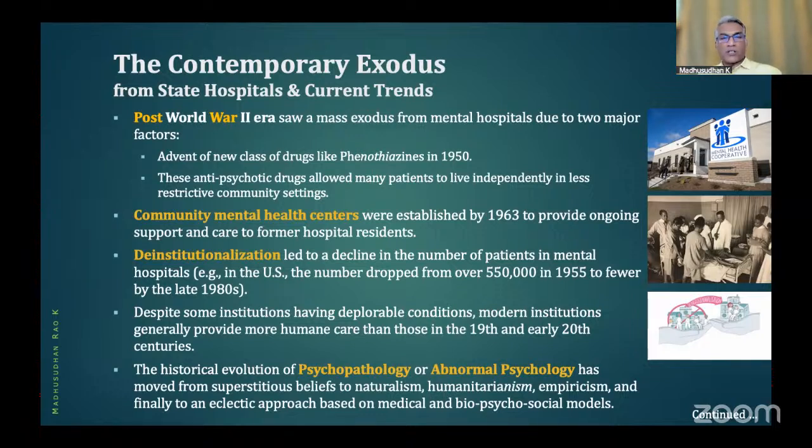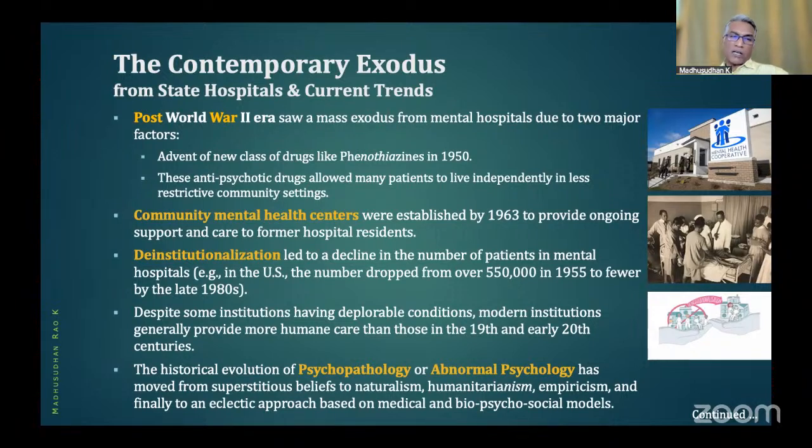Imagine, deinstitutionalization has led to a decline in the number of patients in mental hospitals in the US especially, dropping from 550,000 in 1952 to far fewer patients in 1980. Despite some institutions having deplorable conditions, modern institutions generally provide more humane care than those in the 19th and 20th centuries.